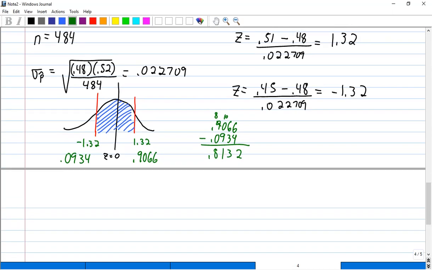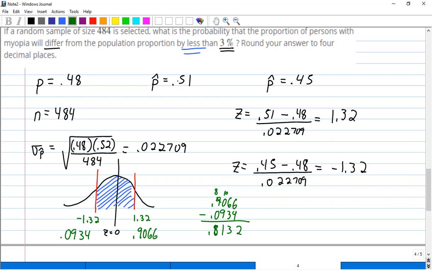That means 81.32% is the chance that if I was to randomly select 484 people, I guess we could say, there's between a 51% and a 45% chance that they would have myopia. 81% of the people selected.